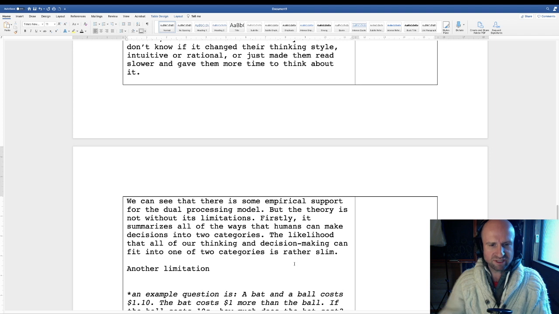So what was the second point I made? The likelihood that all thinking fits into two categories.